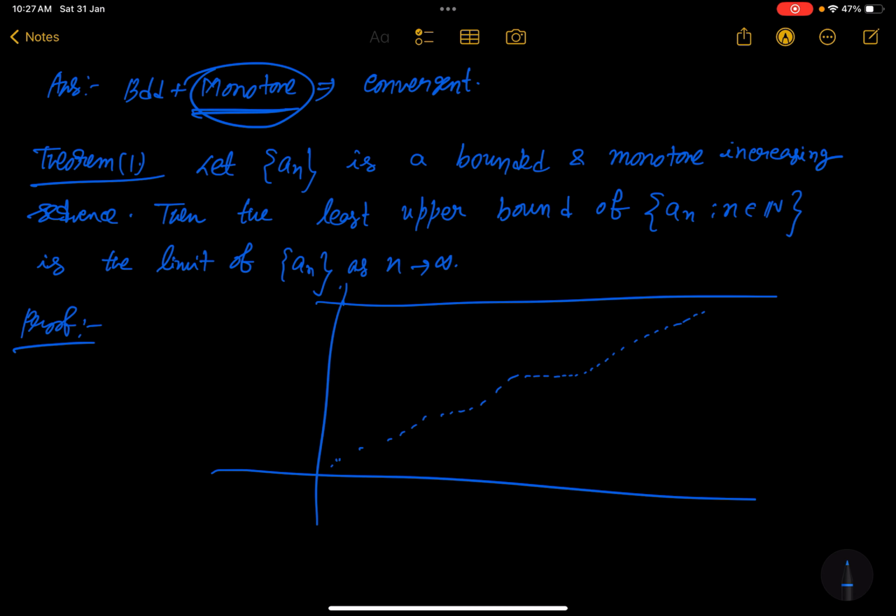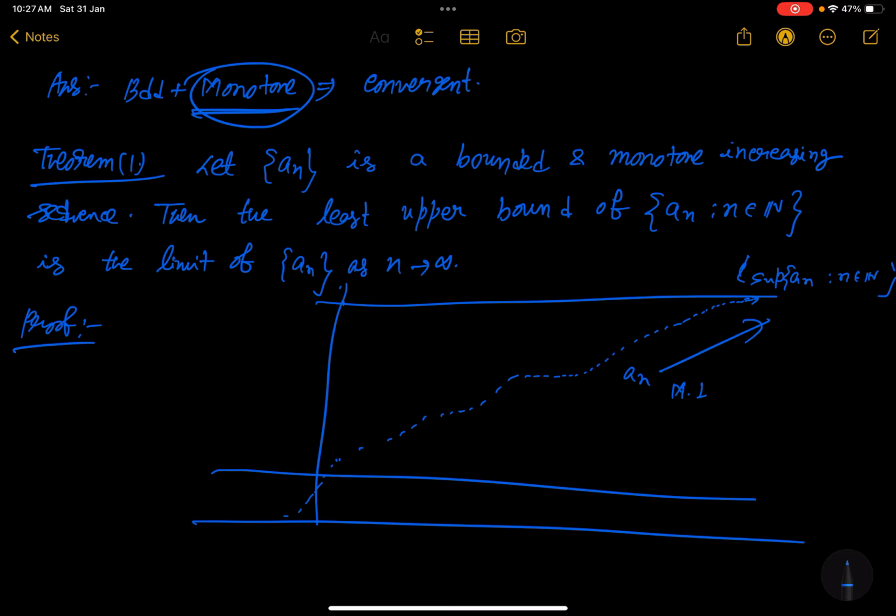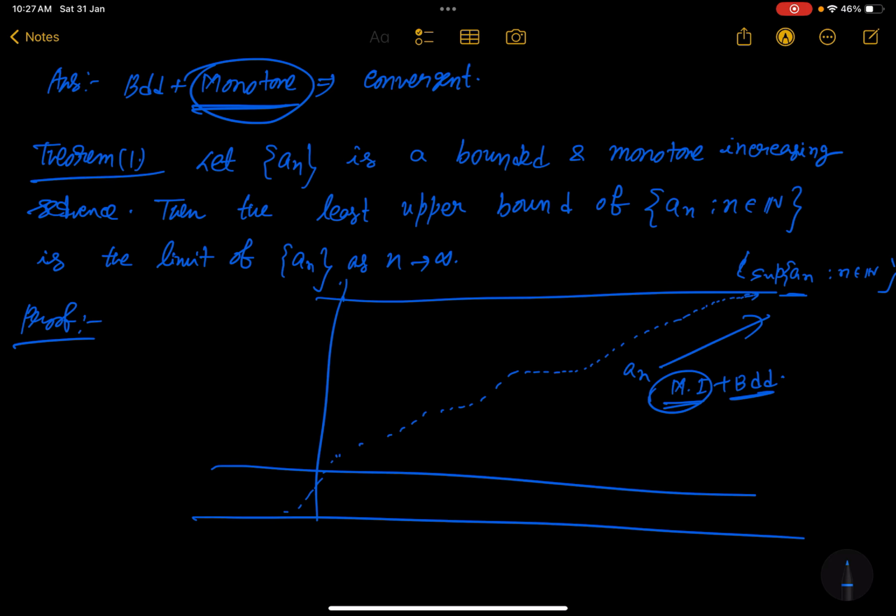It is going to the least upper bound, the supremum of a_n such that n belongs to N. This is the limit, and this is my a_n. So monotone increasing plus bounded implies that this is the limit.